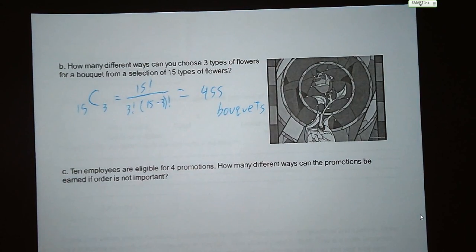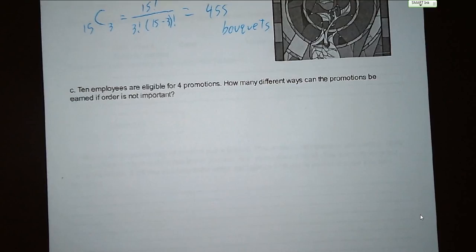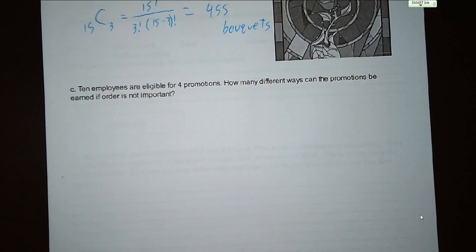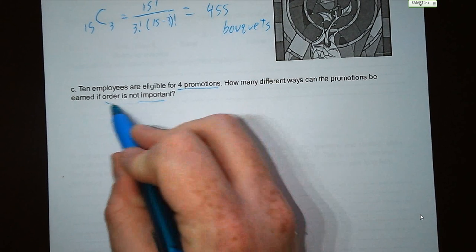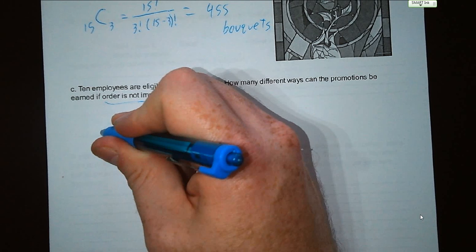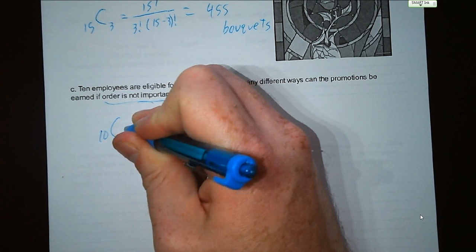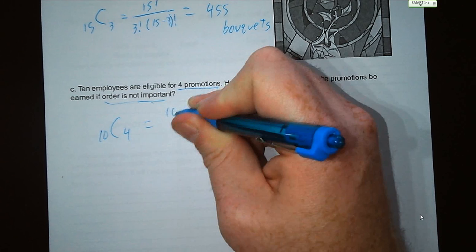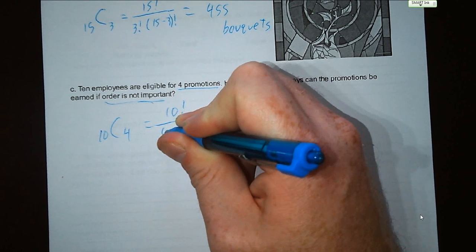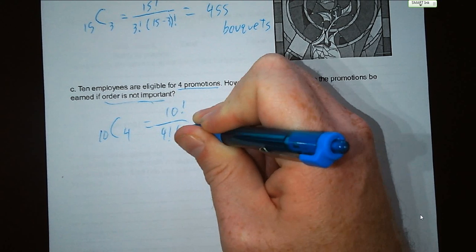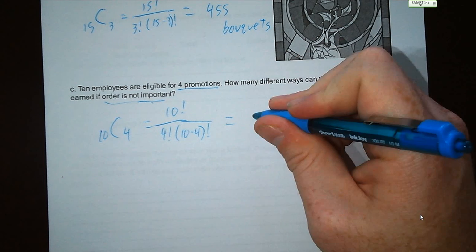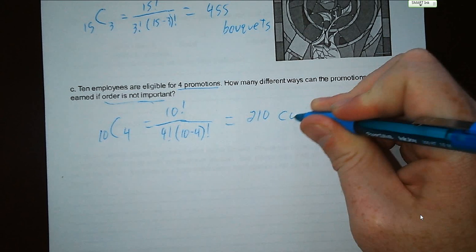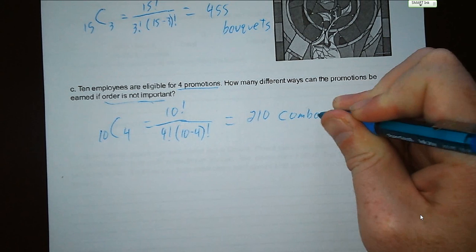Okay. All right, 10 employees are eligible for 4 promotions. How many different ways can the promotions be earned if the order is not important? All right, so we've got 10 C 4. So that's 10 factorial over 4 factorial times 10 minus 4 factorial. That is 210 different combinations.